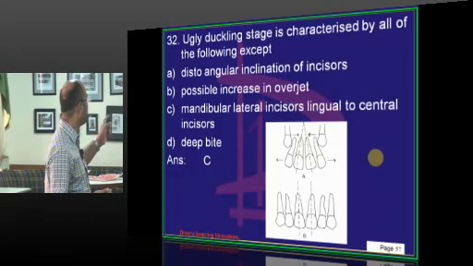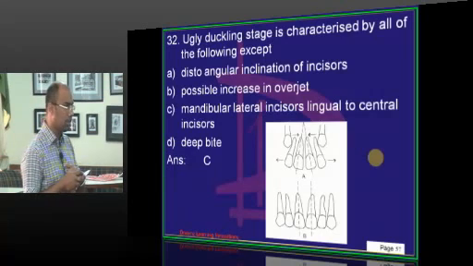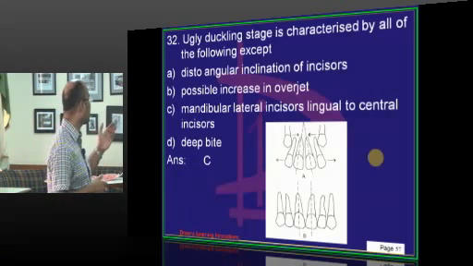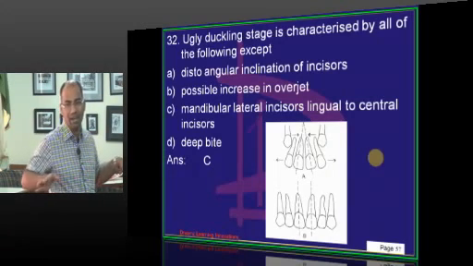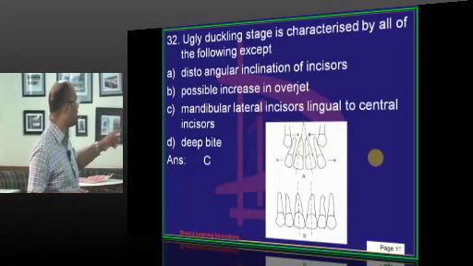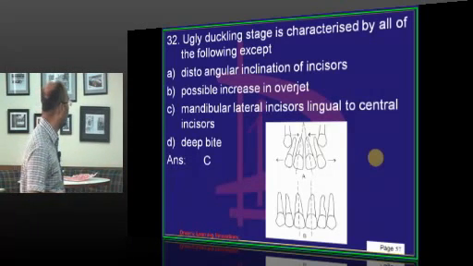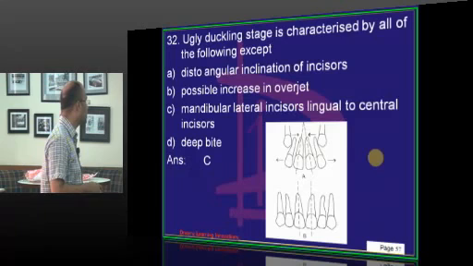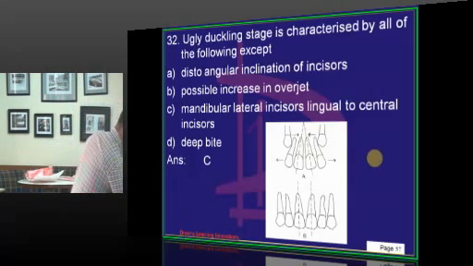You can see deep bite, but option C is not what you see in the ugly duckling stage. These lateral incisors are not lingual. The lateral incisors are in line because the lateral incisors are flared. The laterals and centrals are flared distally. So the choice, lateral incisors lingual to the central incisors, is not seen in the ugly duckling phenomenon.